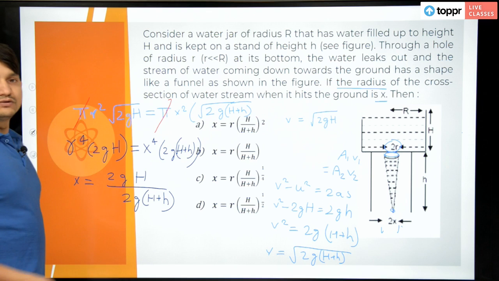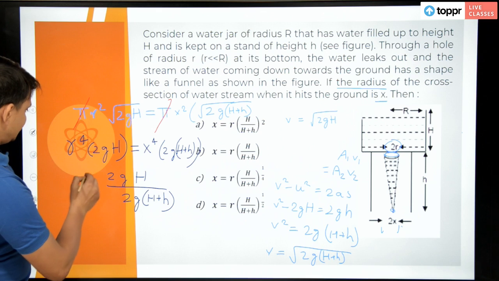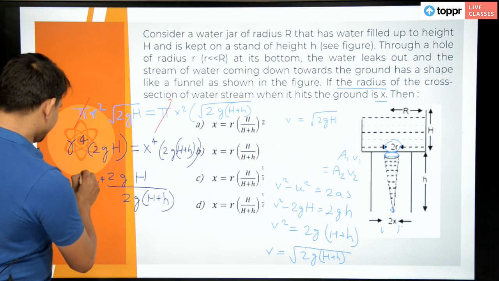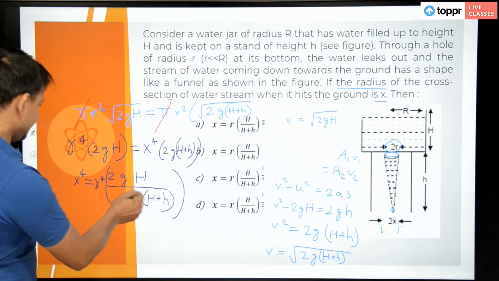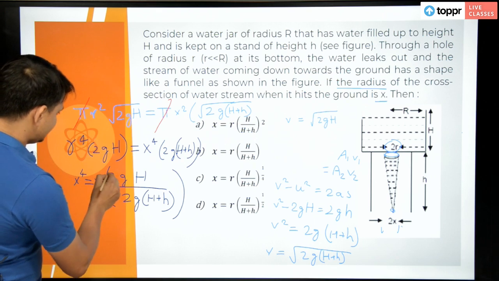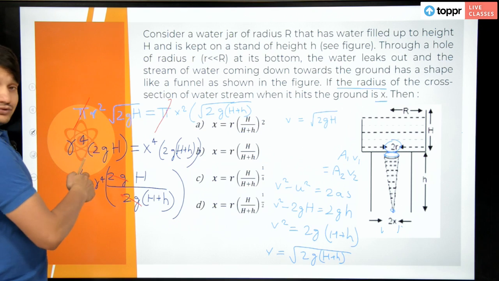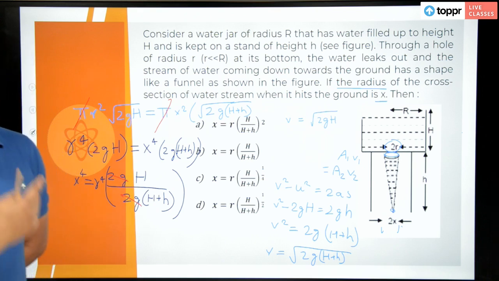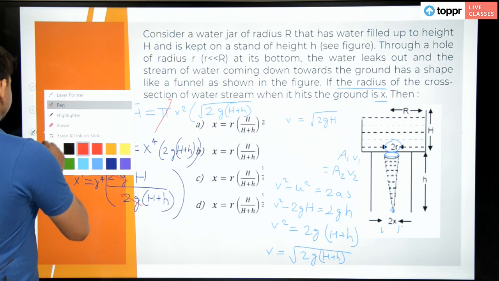Now we can cancel out 2g and 2g, and we have r to the power 4 as well, and x to the power 4 as well. If we cancel these, what are we left with? x to the power 4 equals r to the power 4 times capital H divided by capital H plus small h. Now taking the fourth root on both sides, what do we get?